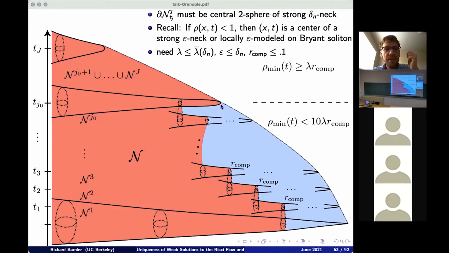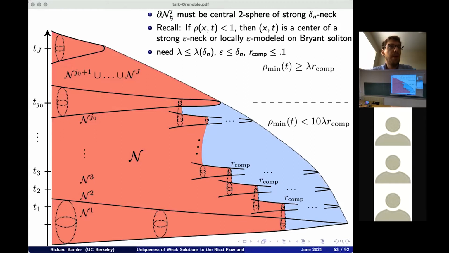What I should say is that also means that the time Tj naught gets smaller. So the first time that we're above this smaller scale is of course smaller if we decrease R comp. And so in summary, if we decrease R comp, then Tj naught gets smaller, and also the distance between all the Tjs is smaller.